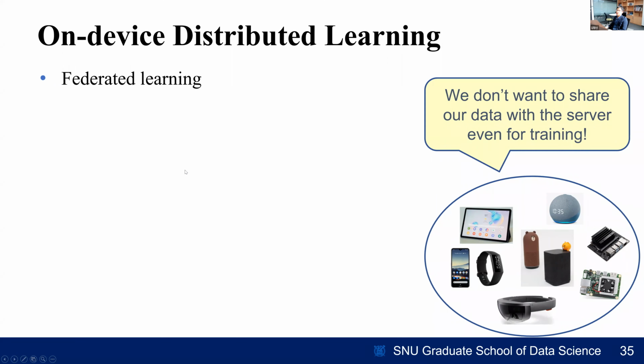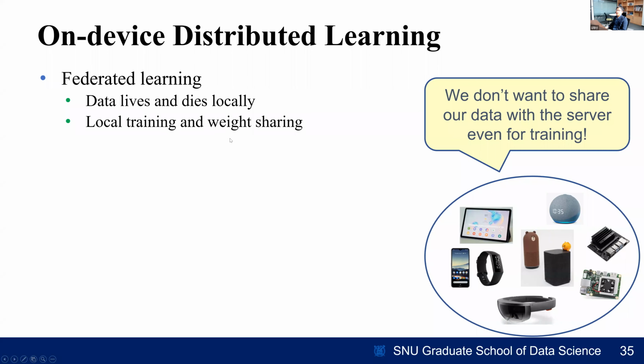To this end, a relatively new field called federated learning is fast growing these days. With federated learning, data is born at the edge and lives at the edge until it dies. So the data lives and dies completely locally and is not shared with anyone.